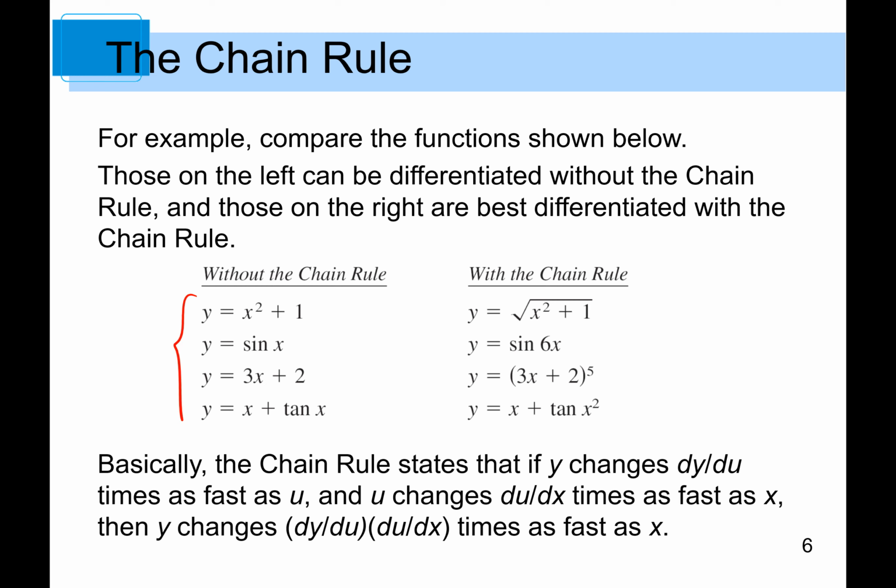These are the functions without using the chain rule, like y equals x squared plus 1. If you put a square root on top of the function, then it becomes a composite function, a composite function of a second degree polynomial.